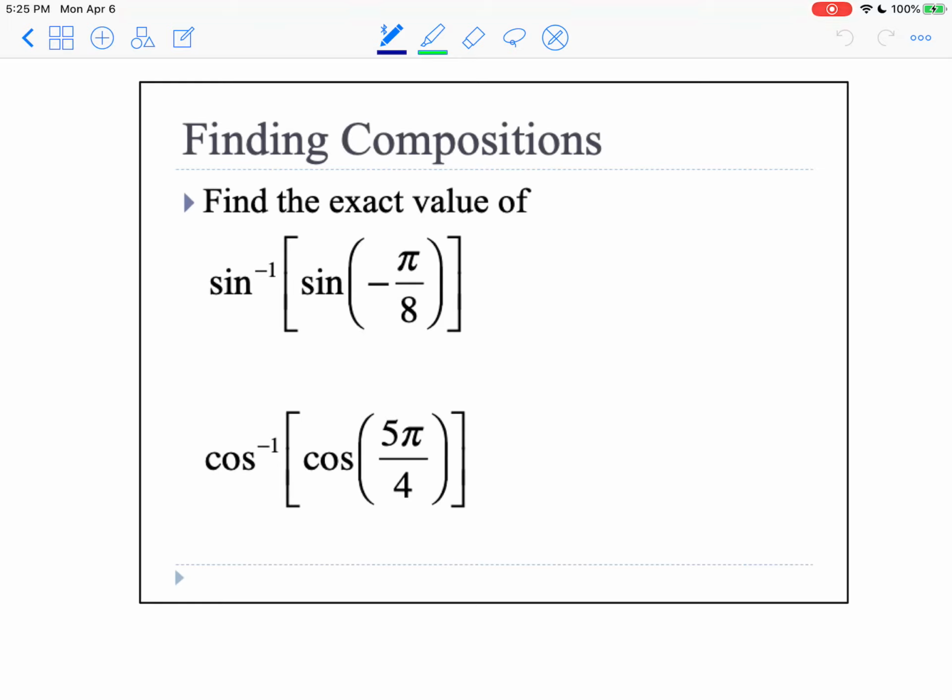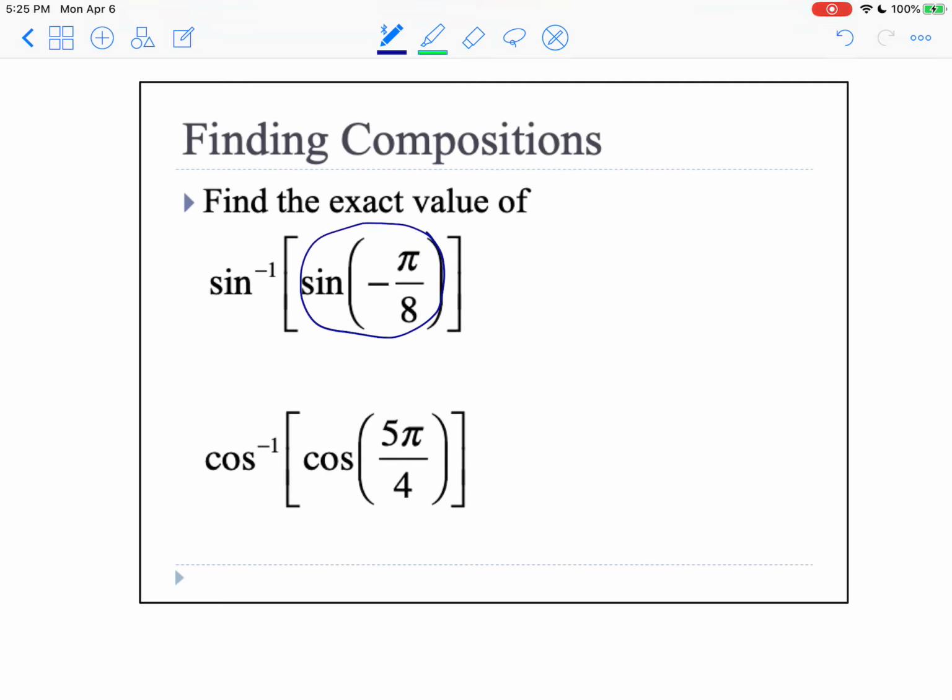So let's just think about what this is really saying. Negative pi over 8 is an angle, and if I plug that into sine, this is going to output some y coordinate on the unit circle.